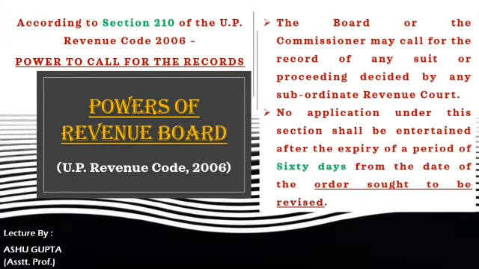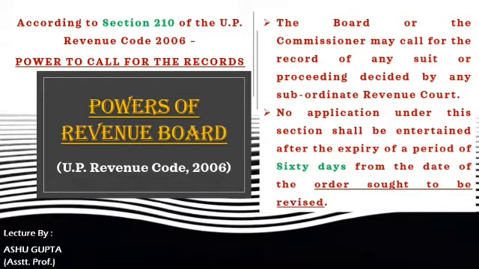And another power of the UP Revenue Code, according to section 210, may be described as the power to call for the records. The board or the commissioner may call for the record of any suit or proceeding decided by any subordinate revenue court.